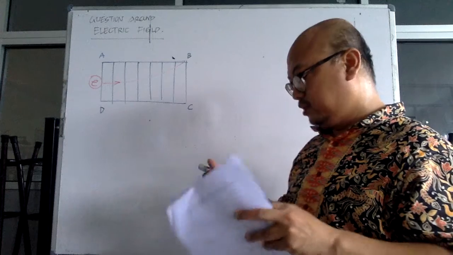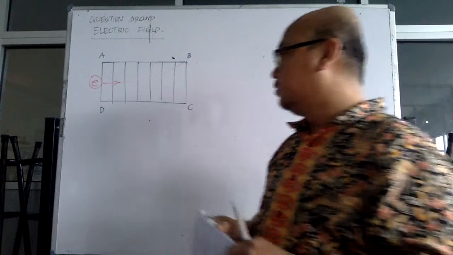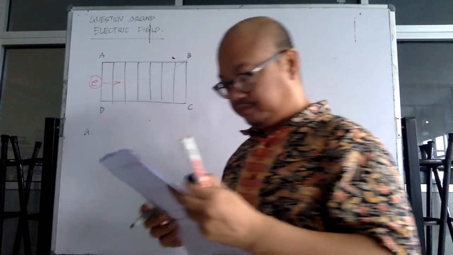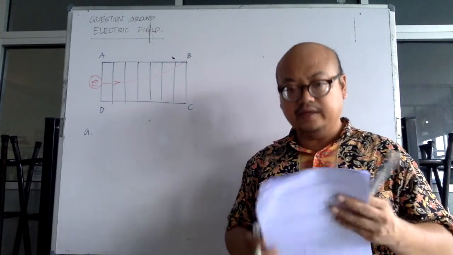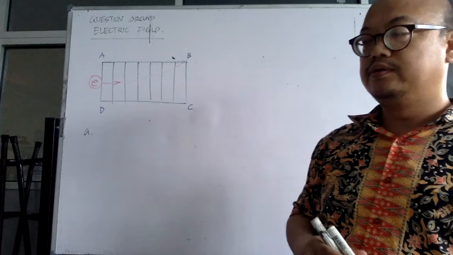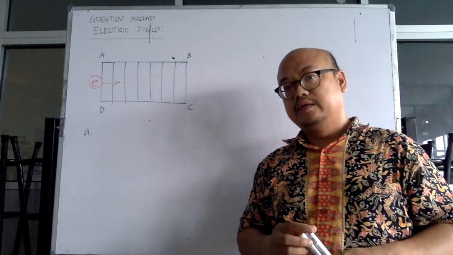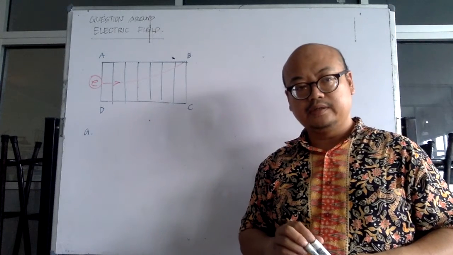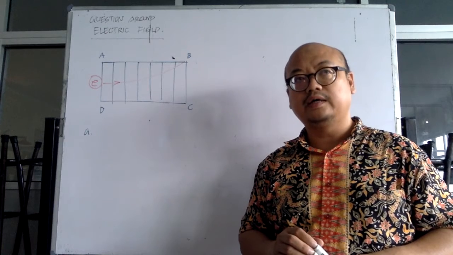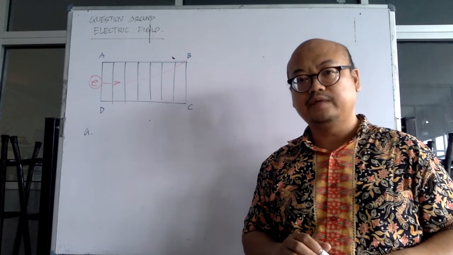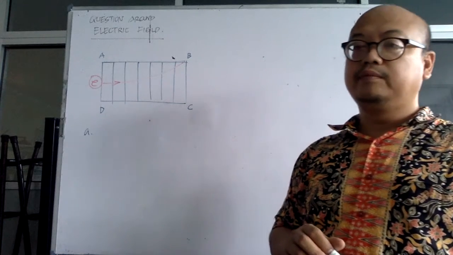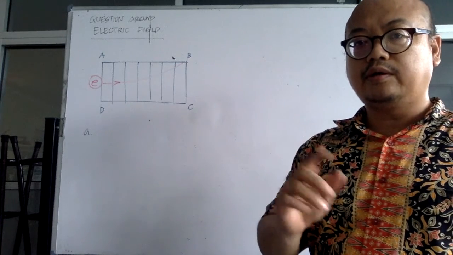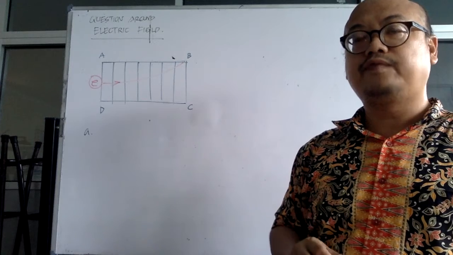So question A is: mark on the diagram the direction of the electric field. To find the direction of the electric field, we have to know about Coulomb's law, attraction or repulsion force.